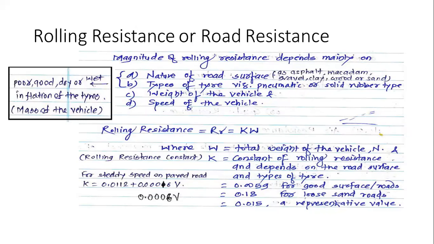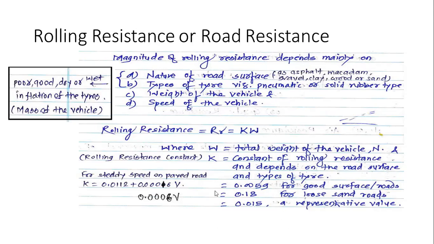So rolling resistance is indicated by RR, capital R, suffix small r, and the formula to calculate this is KW. This also we have seen, where W is the total weight of the vehicle in Newton, and K is nothing but the constant of rolling resistance, which depends on road surface and the type of the tire.